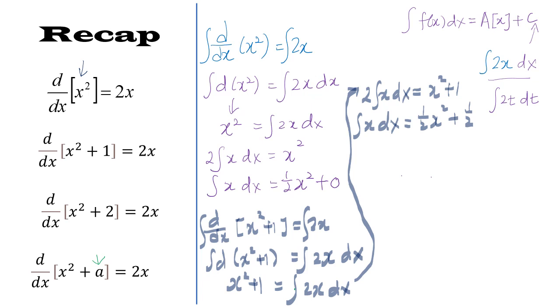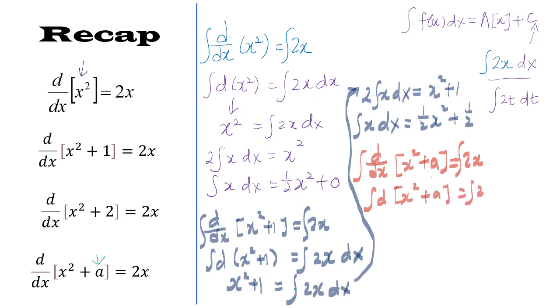Right, what we're going to do next is repeat the process for the differentiation of x squared plus a. Okay, a can be any constant. So we're going to add the integration sign to both sides. Shift your dx to the right hand side.